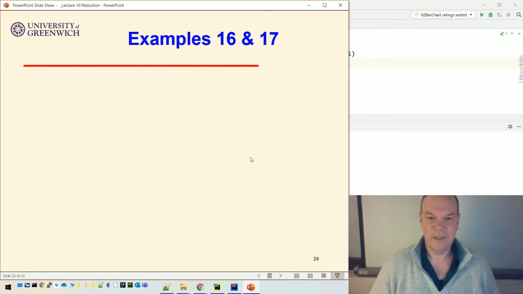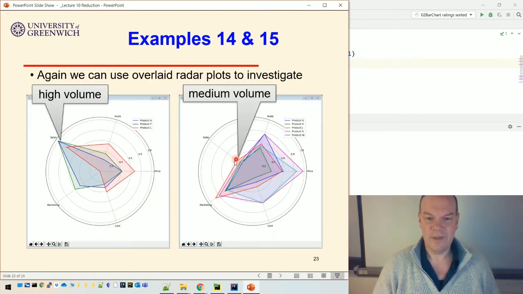So they're much smaller than the sales from the high volume ones, but they're close together. This is what seems to be driving that. So the rest of the other variables, the price, profit, cost, and marketing, don't seem to drive the size of that cluster, or the membership of that cluster. It's just those few. It's just the sales, in fact, from what we can see.